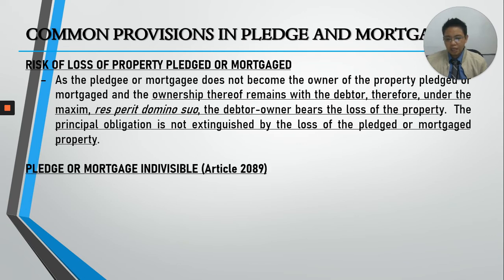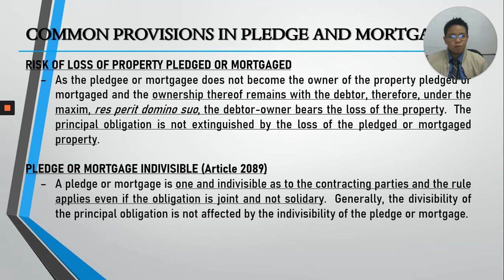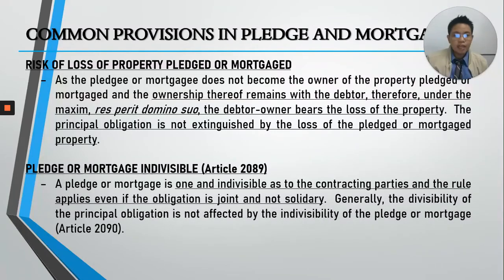In 2089, we talk about pledge or mortgage being indivisible. So, pledge or mortgage is one and indivisible as to the contracting parties, and the rule will apply even if the obligation is joint and not solidary. Kahit joint yung obligation, remember, yung pledge or mortgage is still indivisible.